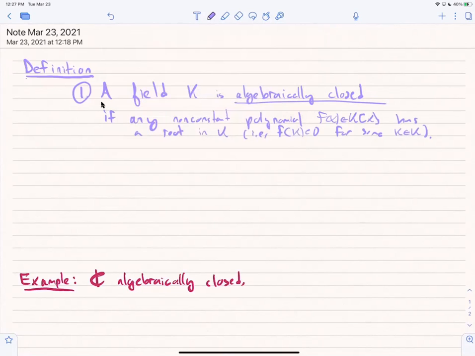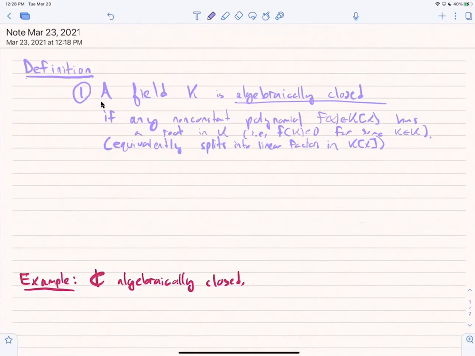Okay, so a field is algebraically closed if any non-constant polynomial with coefficients in K has a root in K, or equivalently, you could instead say it splits in K, splits into linear factors, which means it is a product of linear factors in K[x].